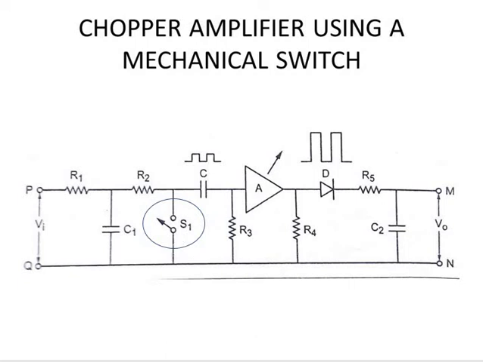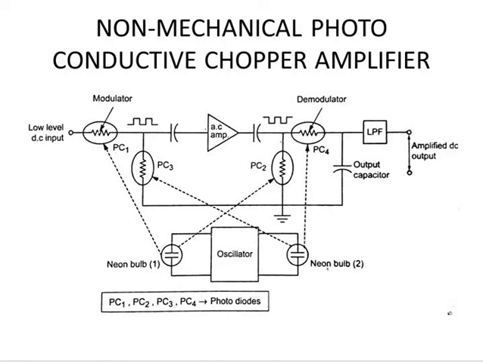And the next one is the non-mechanical chopper. Instead of switches, we will be having an LDR and a bulb. We all know very well that LDR is a light dependent resistor.